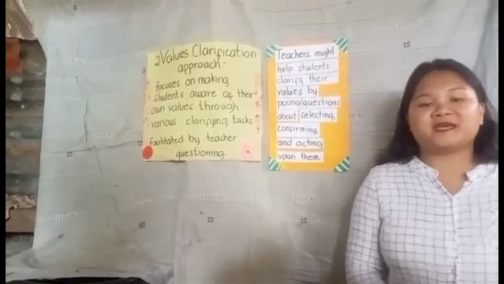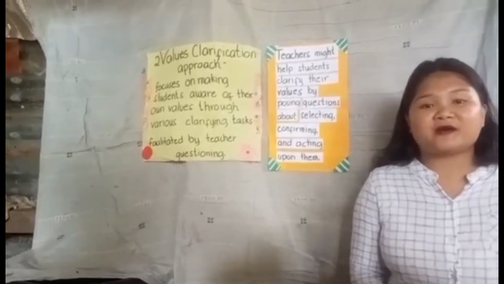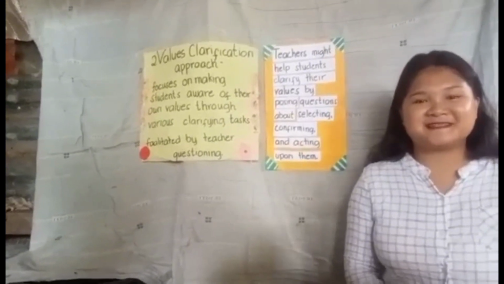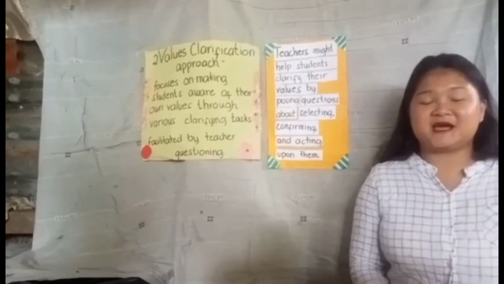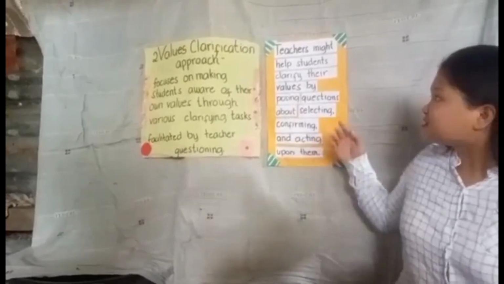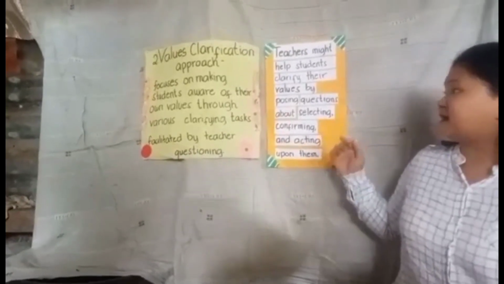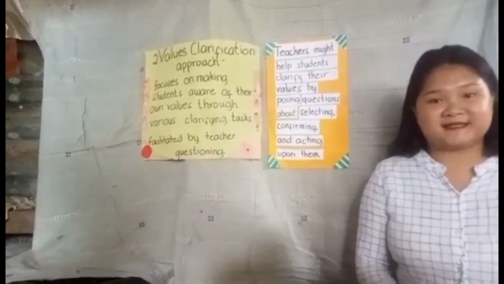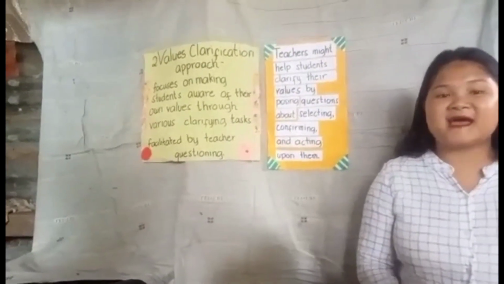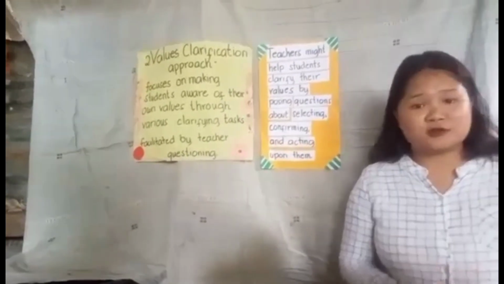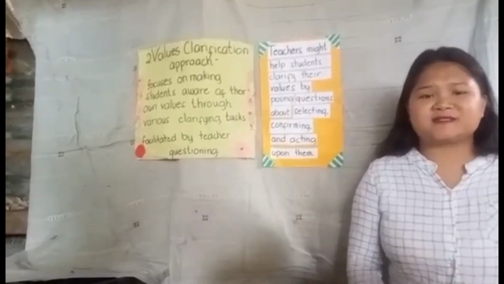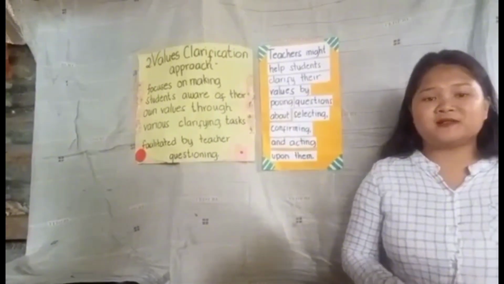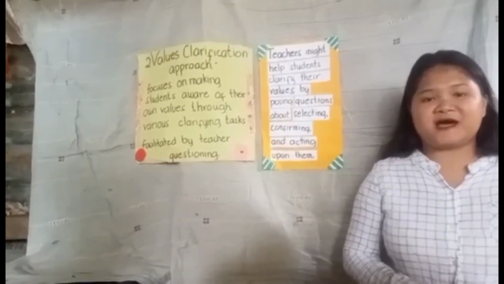This approach focuses on making students aware of their own values through various clarifying tasks facilitated by teacher questioning. For example, teachers might help students clarify their values by posing questions about selecting, confirming, and acting upon them. They can also inquire about how students might apply or act upon values derived from moral biographies in their own lives.